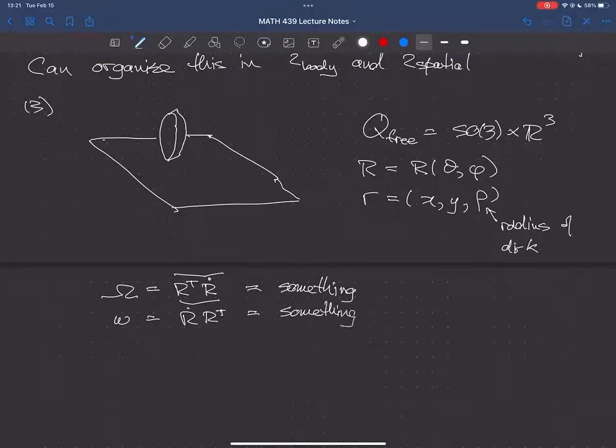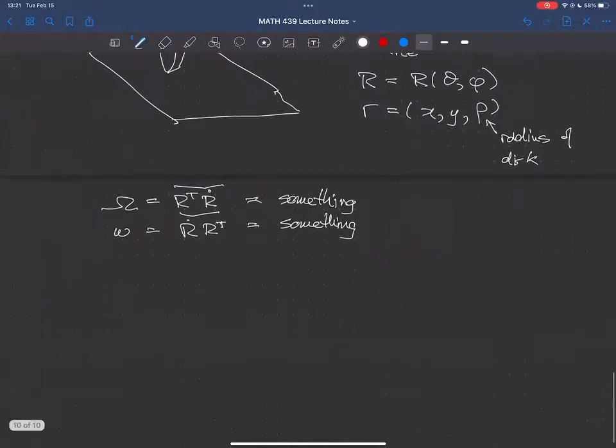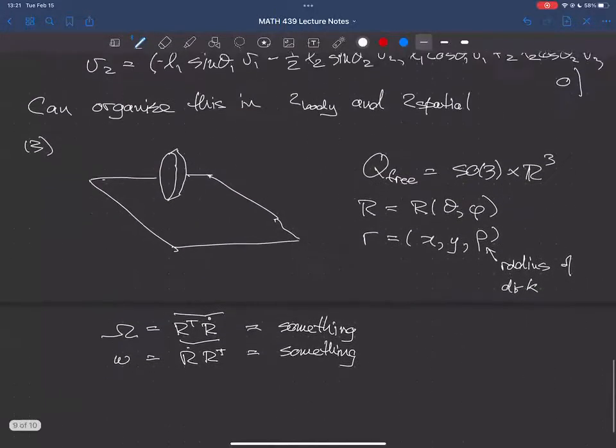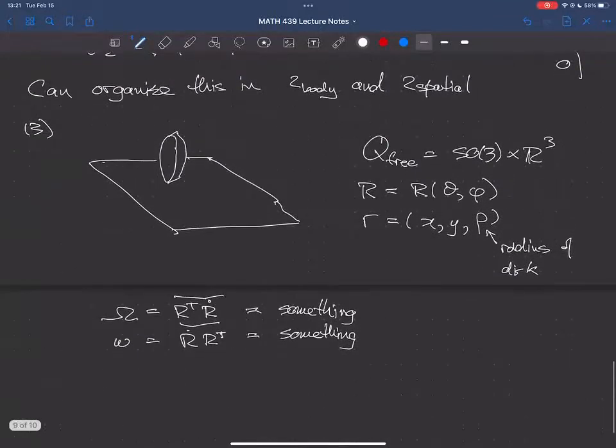And the best place to actually store this information when you're doing these calculations is in your computer. Use some sort of a symbolic manipulation package. So I got an email the other day saying Queens is now subscribed to Mathematica. Mathematica is the package I prefer to do symbolic computations. Maple is another one, whatever. But the best place to do calculations with these examples is in a symbolic package like that.